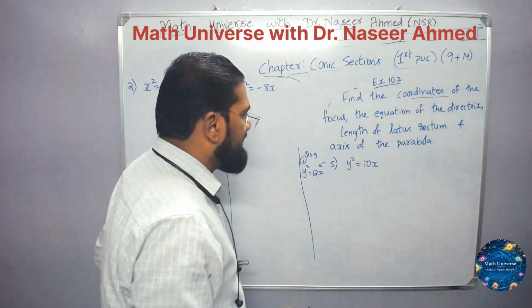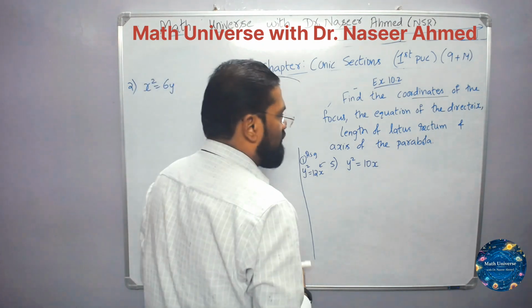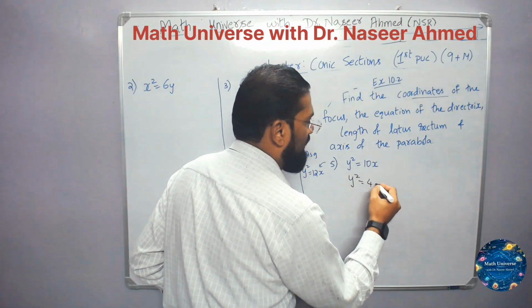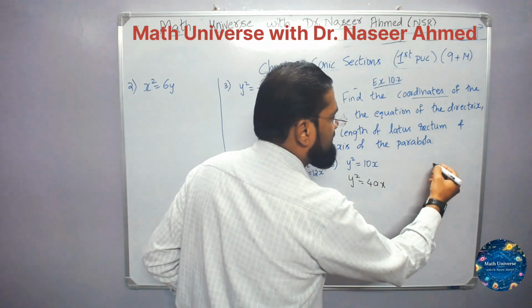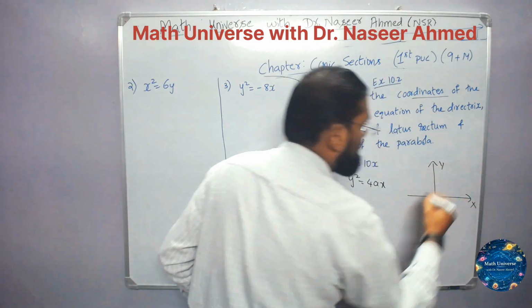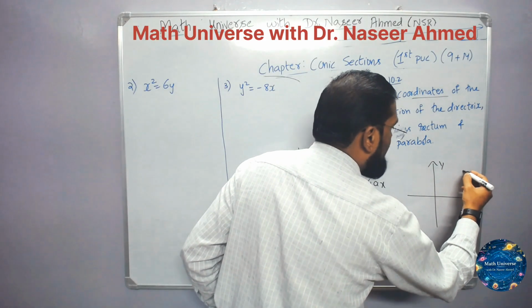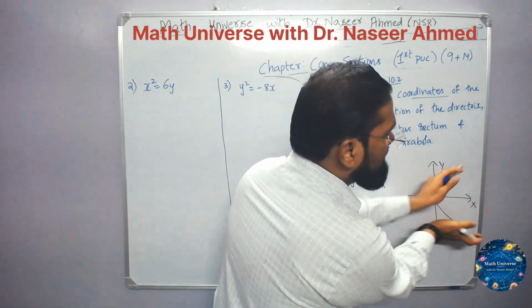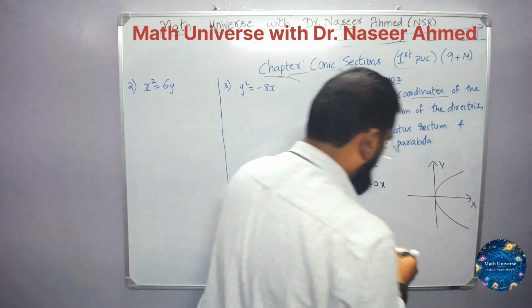As soon as we see that this parabola equation is of the form y square equal to 4ax, this will be a parabola opening its mouth towards the right side of the x-axis. So the crocodile is opening its mouth towards the right of the x-axis.